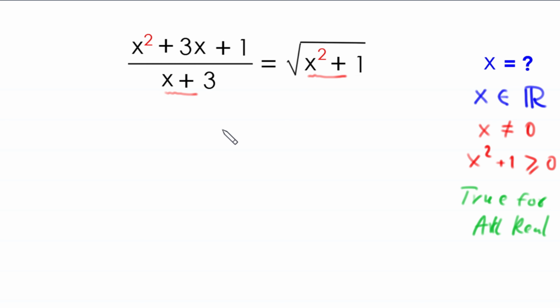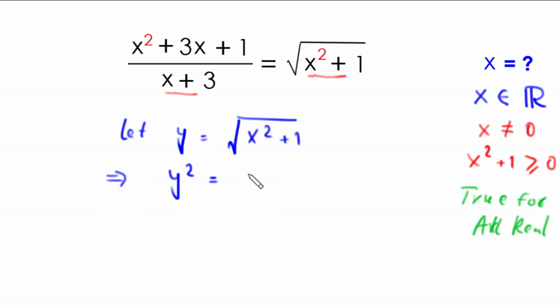Now if we square both sides of this equation, we get a quadratic equation, and to solve that is very difficult. To simplify the solution, we suppose that y is equal to the square root of x squared plus 1. If we square both sides, y squared equals x squared plus 1.